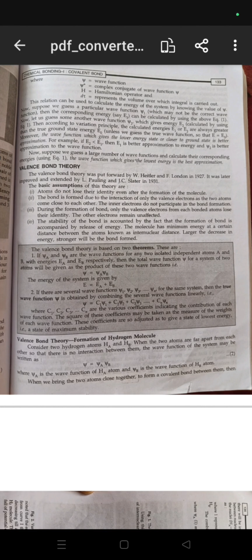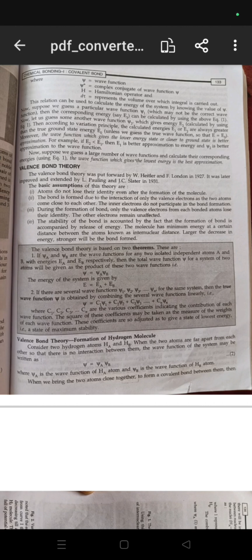The basic assumptions of this theory are: first, atoms do not lose their identity even after the formation of the molecule. Second, the bond is formed due to the interaction of only the valence electrons as two atoms come close to each other. The inner electrons do not participate in bond formation.